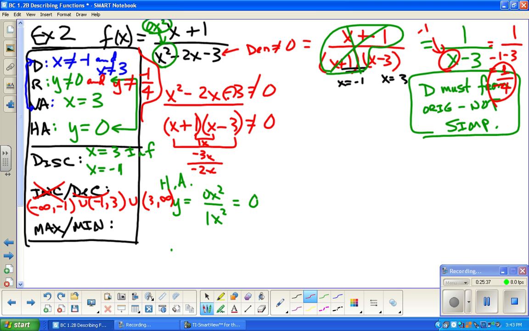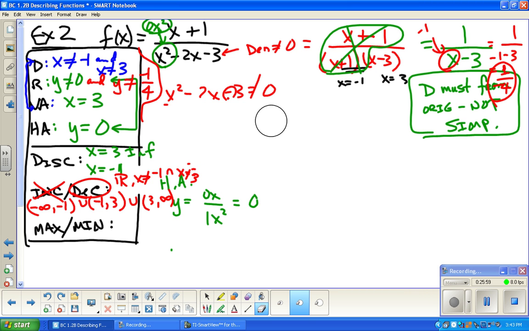You don't even have to write the word except. You could say all real numbers where x is not equal to negative 1 and not equal to 3. Oh yeah, that's nice and easy to read. You can rewind if you need to see that back there again. So again, it's decreasing everywhere on its domain.